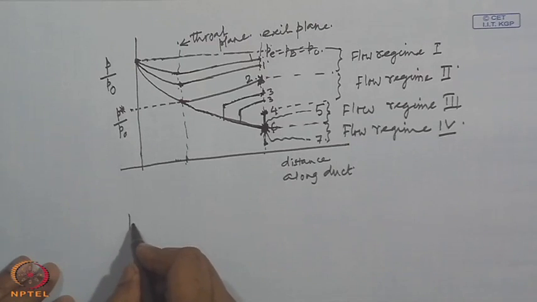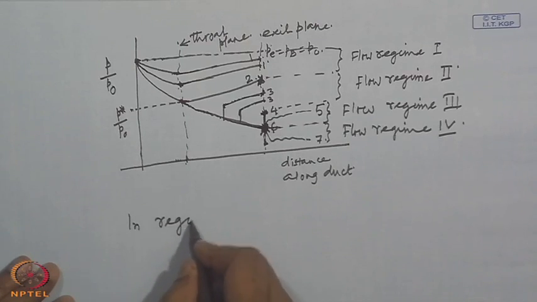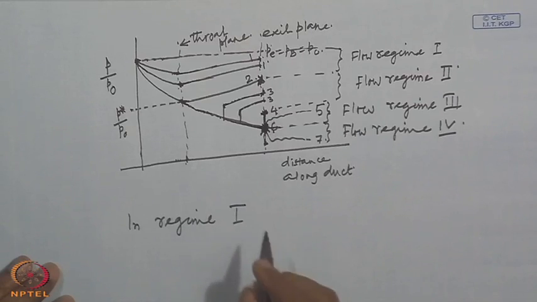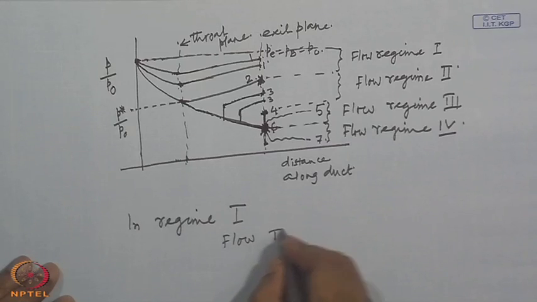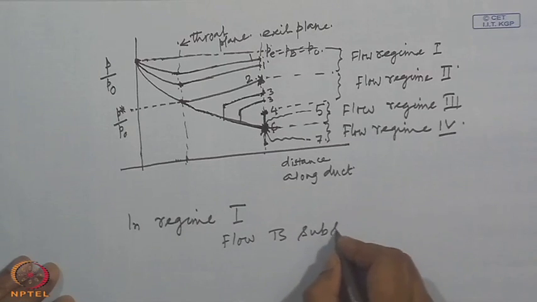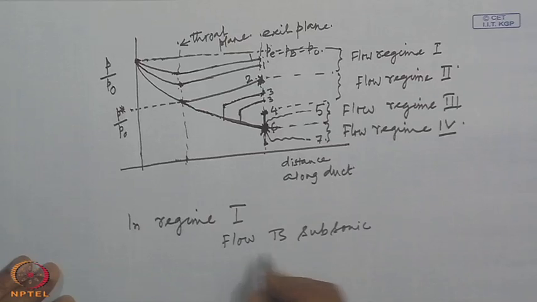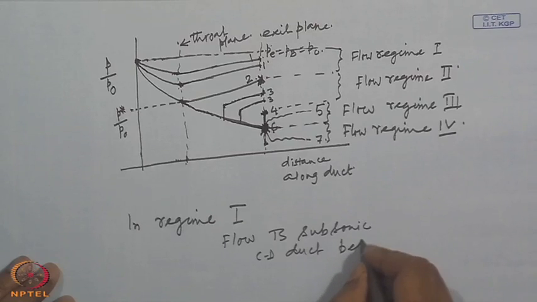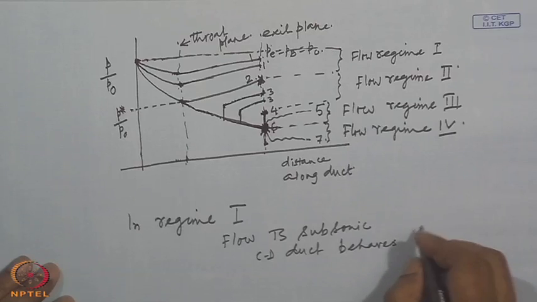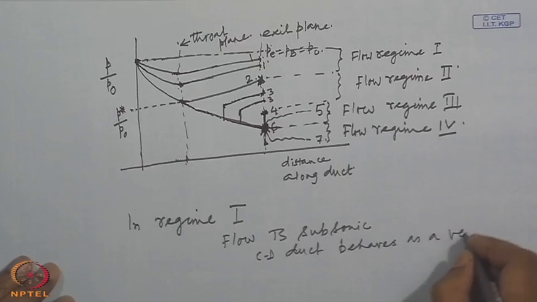So, in regime 1, flow is subsonic. The converging diverging duct behaves like a venturi, as a conventional venturi.